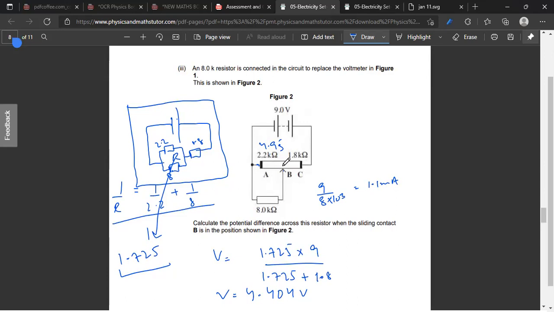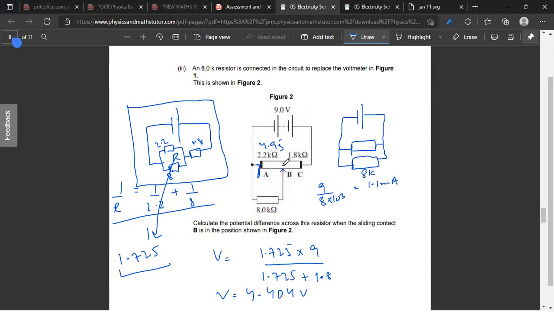Wait, how come we're doing 9 divided by 8K? Because if I bring this arrow to this point, then this will be the actual circuit. So this will be the potential divider, and this will be the 8K resistor.